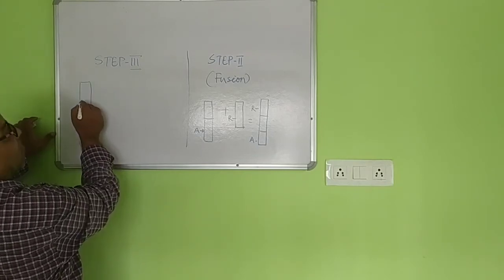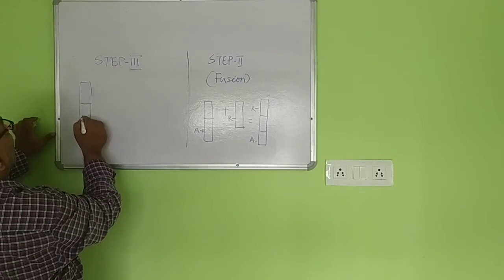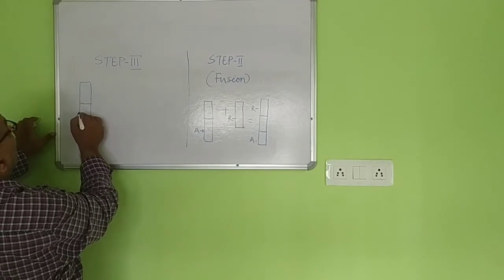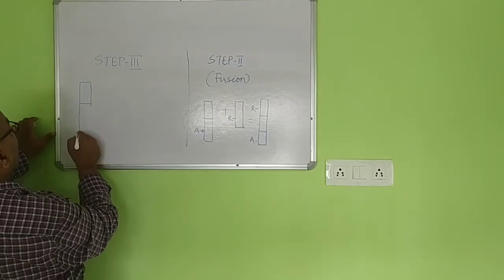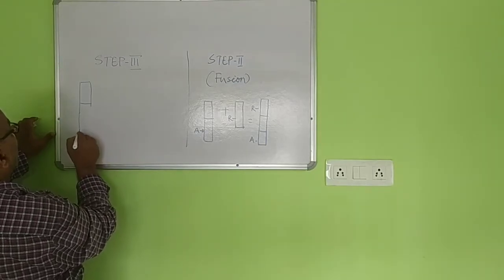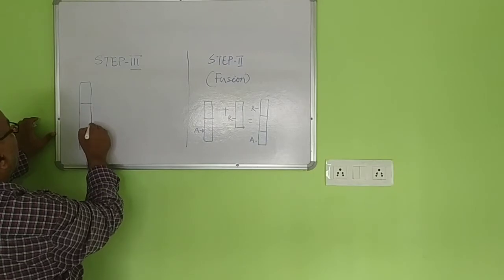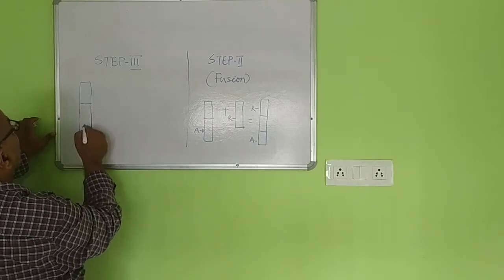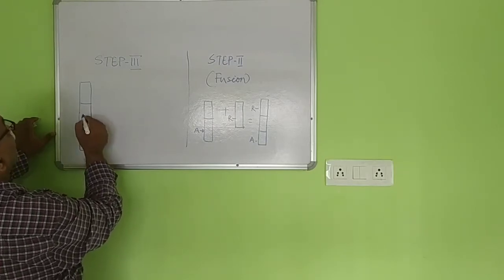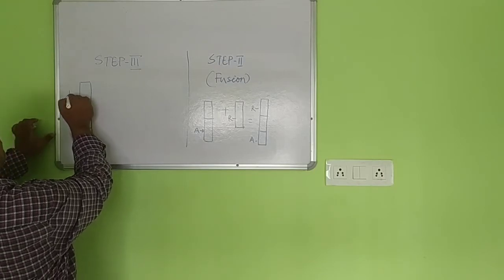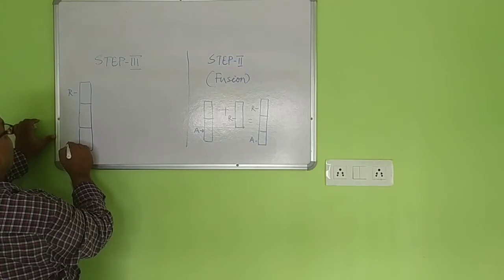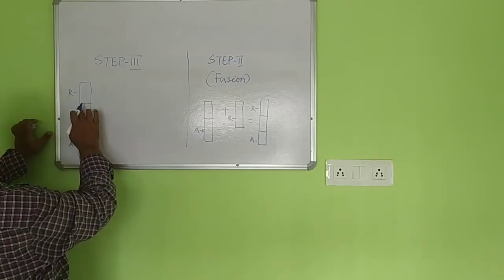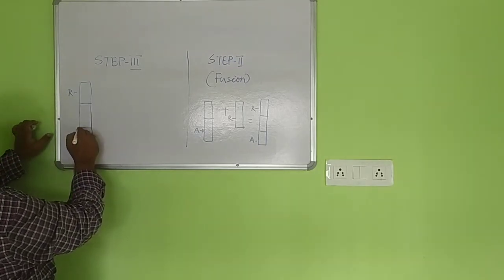Okay, this is called your R. This is called your A, and you mark here, you find one additional segment.